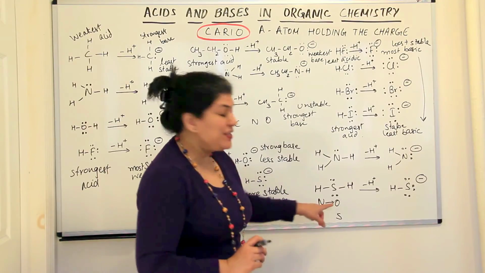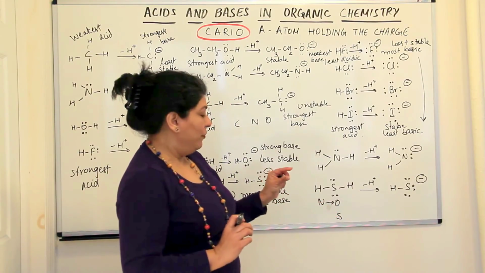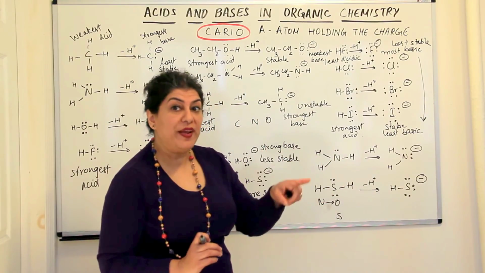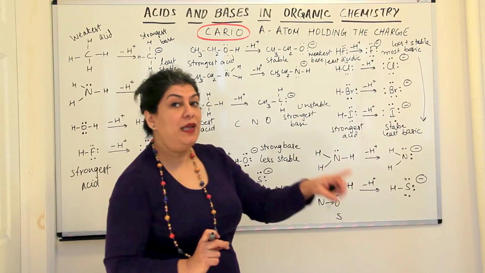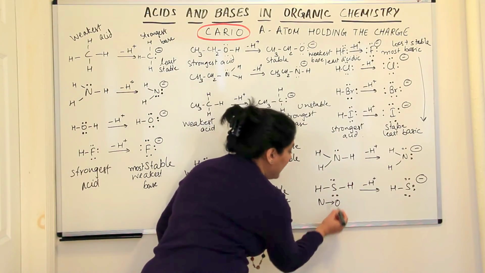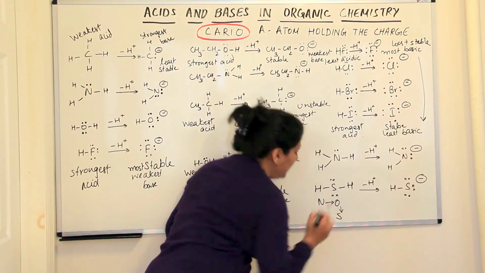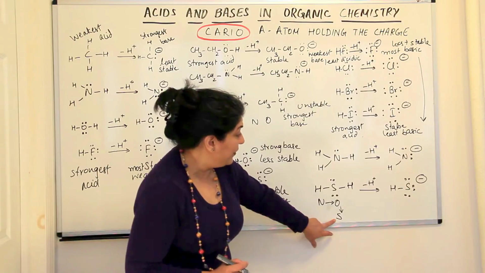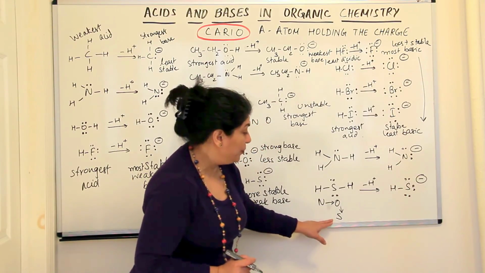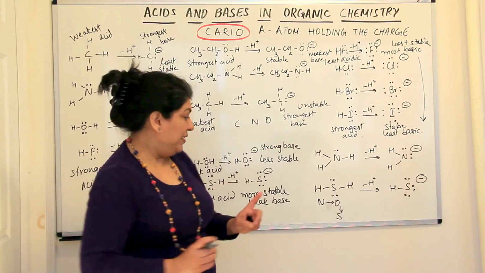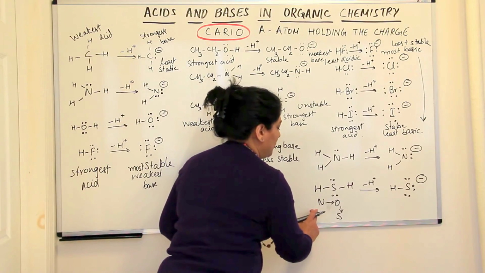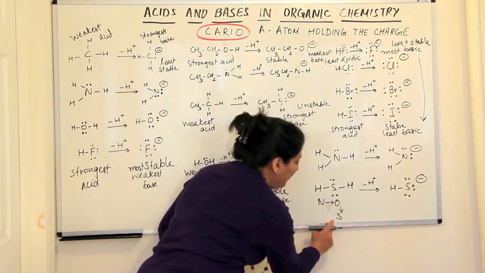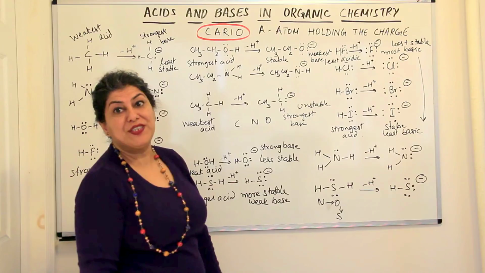So oxygen, if it is the atom which is bearing the charge, should be a more stable base. If it is more electronegative, it should be a more stable base. And as you go down, the size of the atom increases. Therefore, an atom bearing the charge on sulfur, that is sulfur HS negative, this should be more stable, right? We notice that in comparison to nitrogen, oxygen should be more stable, and in comparison to oxygen, sulfur should be more stable if it is bearing the charge.